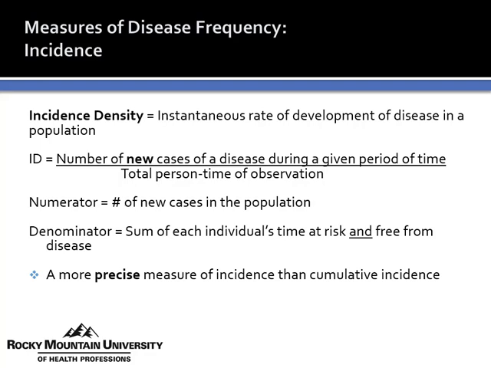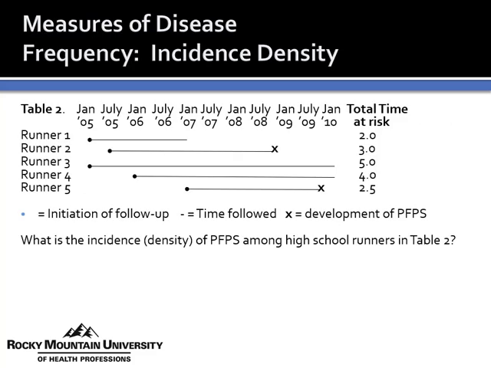In the numerator, you have the number of new cases in the population. In the denominator, the sum of each of the individuals' time at risk and that time period that they were free from disease. This is a more precise measure of incidence. So now, if we looked at those same athletes, we could account for their total time at risk.